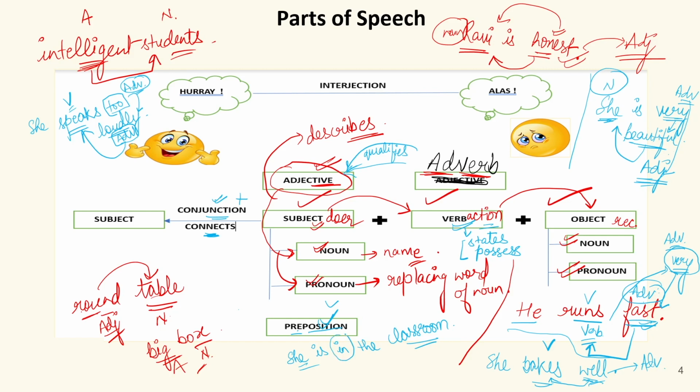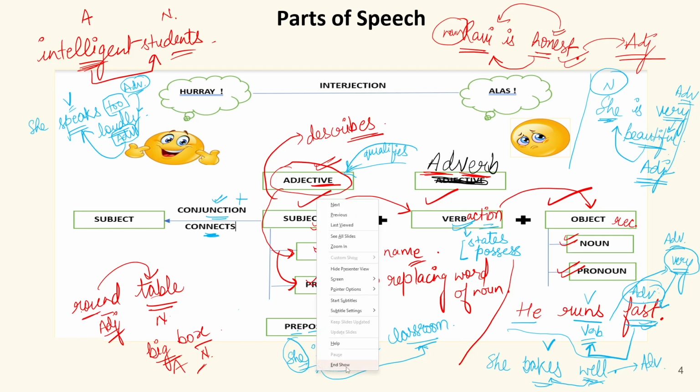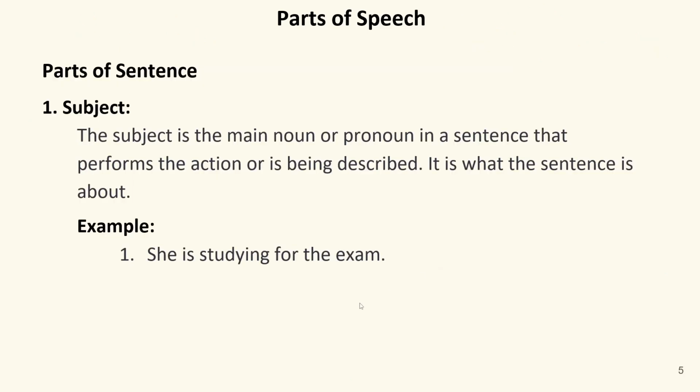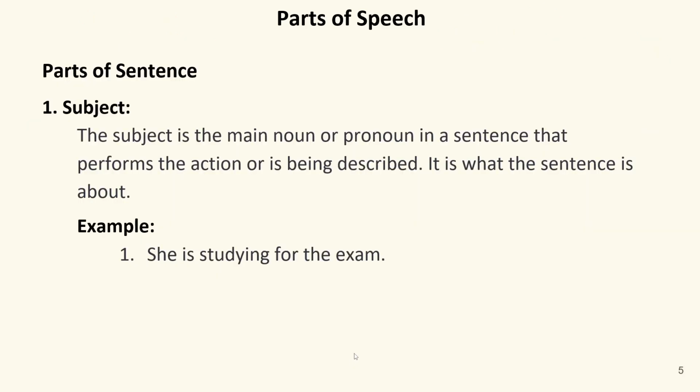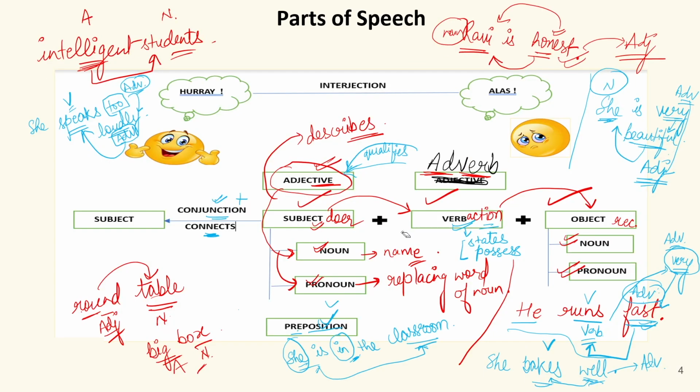She is in the classroom, because in states the place of her in relation to the classroom. So she here relates to the entire sentence with the help of this word in. So this in is known as a preposition.